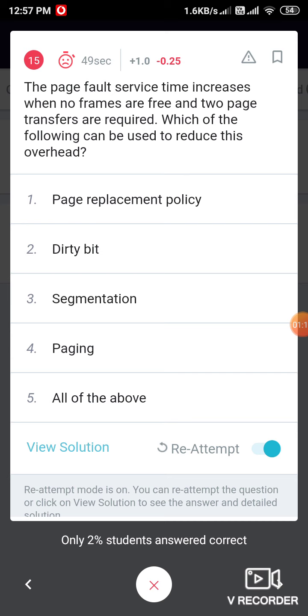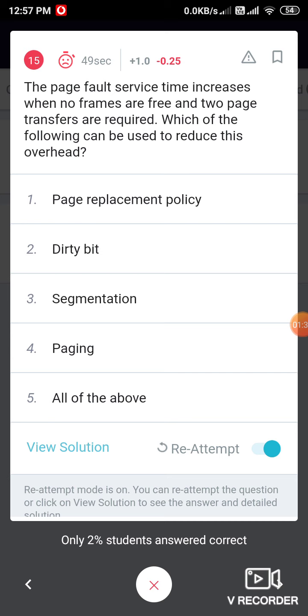These come under the contiguous memory management technique. Contiguous means the CPU allocates memory in a sequential manner, one by one.